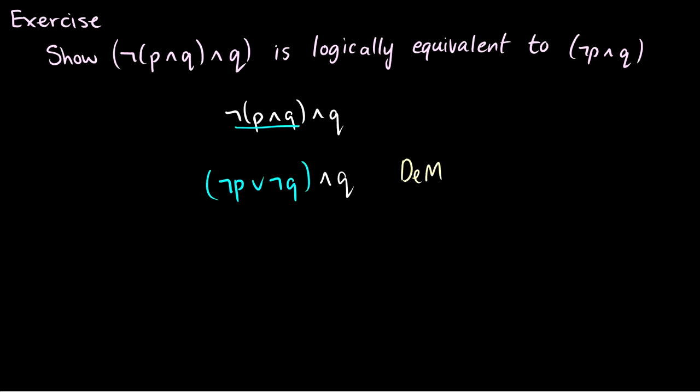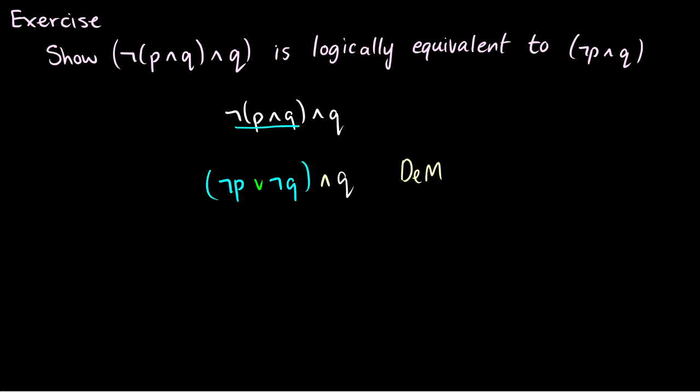Okay, so now I have (not P or not Q) and Q. I see that these ors and ands are different, so we can use distributivity. Let's color code this once again, just to see distributivity.